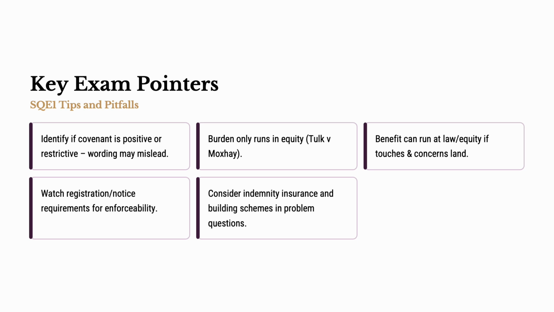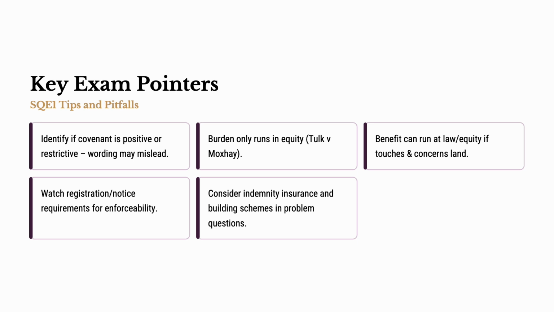The covenant must be negative, benefit identifiable land, touch and concern the land, be intended to run, and there must be notice to the purchaser. All of it, otherwise it will not run. For the benefit to run, has annexation occurred through section 78? If there is a chain of express assignment, does a building scheme exist? So all of it, check it.